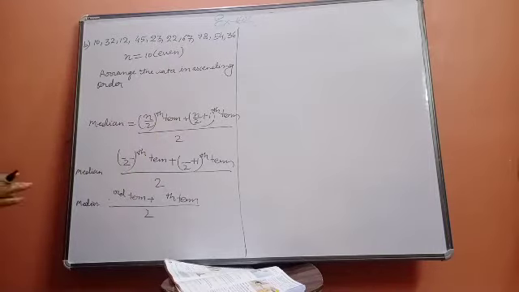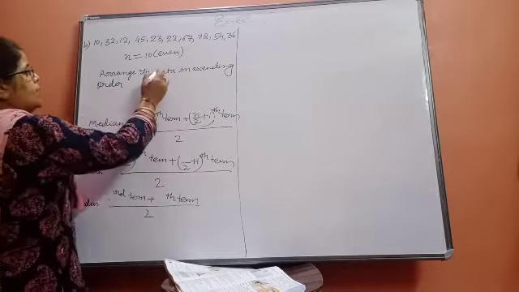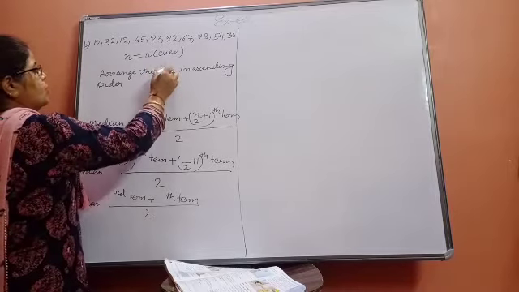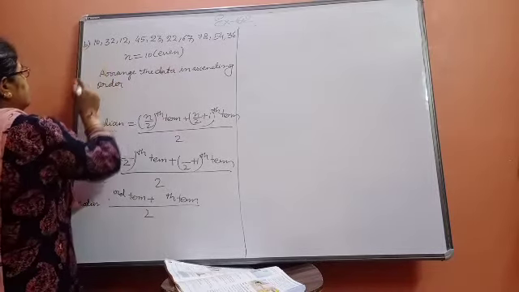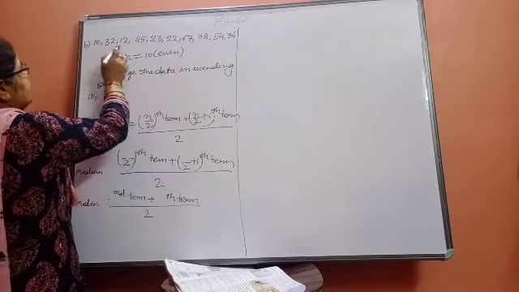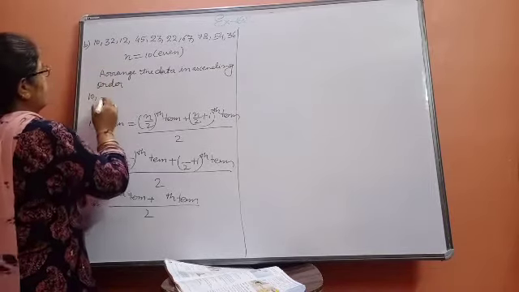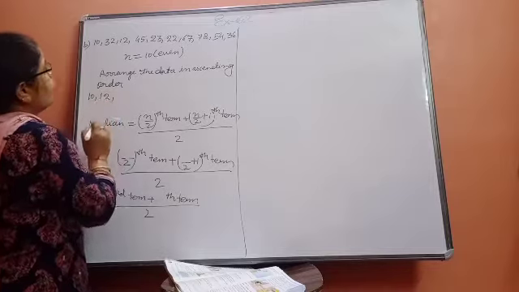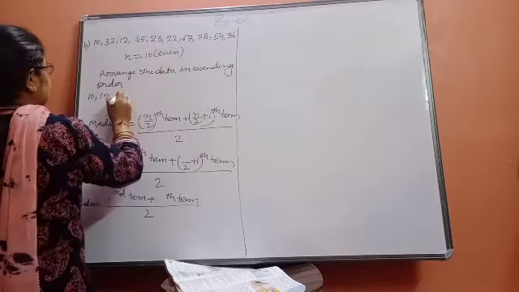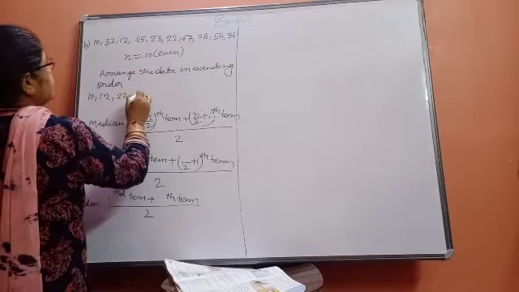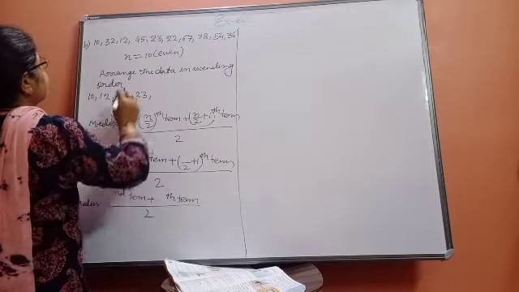I am not going to write it again. Now arrange the data in ascending order. First which number will come? 10. Then second 12. Then 22, then 23, then 32.